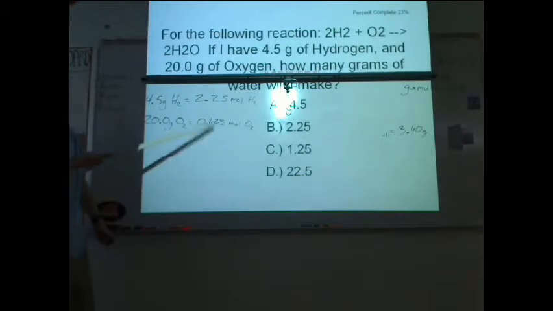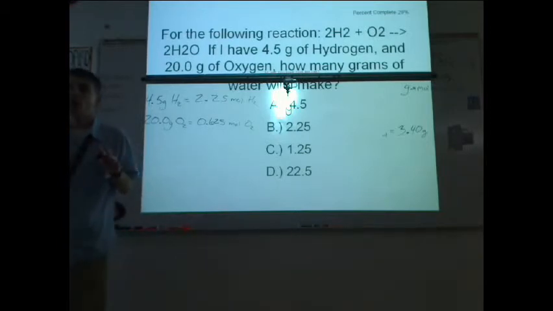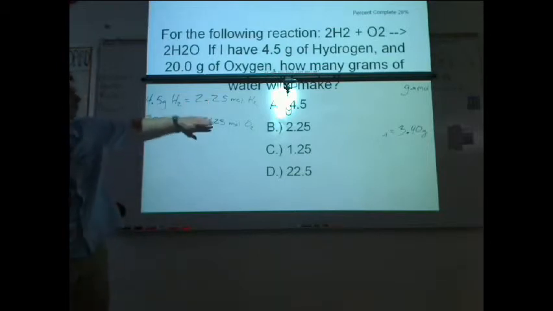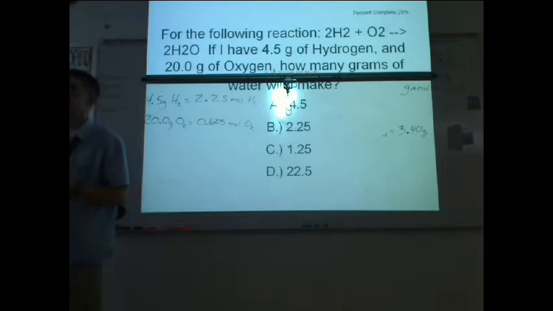It just so happens that it's 4 times as much. So you got way more hydrogen than you're going to need. If this was like 1, then that would be limiting. So again, that's a quick but hard way to do it because you really got to know what's going on. The easier way is to do the problem all out with both of these numbers, and then whichever gives you the smallest answer.